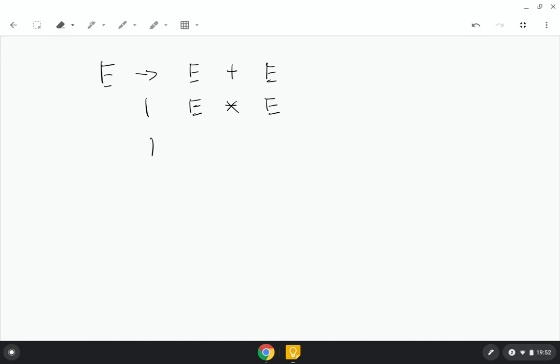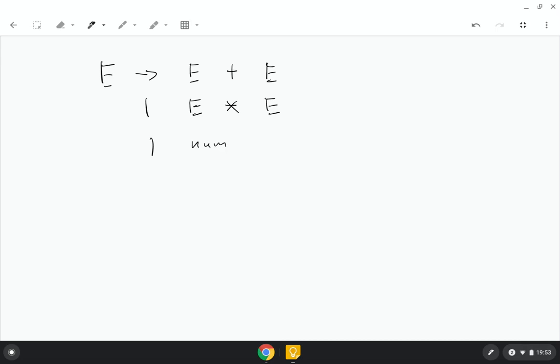I'm going to use the Dragon Book notation just because it's faster, and I'll just say num. Be aware of these two different notations. When you read the Dragon Book, the tokens are going to be bolded words, whereas the non-terminals are going to be uppercase characters.